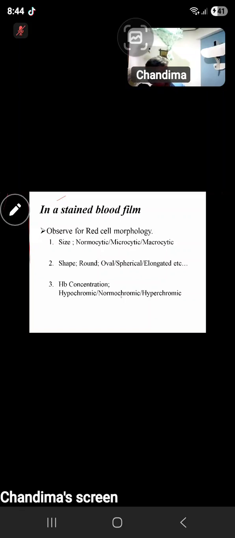And you have to see the shape of the cells, whether they are round, oval, spherical or elongated, such as pencil cells, or whether they have a biconcave shape, such as target cells. And you can write what cells are present in the blood film. Also you have to observe the hemoglobin concentration, whether the red cells are normochromic, hypochromic, or hyperchromic, right?